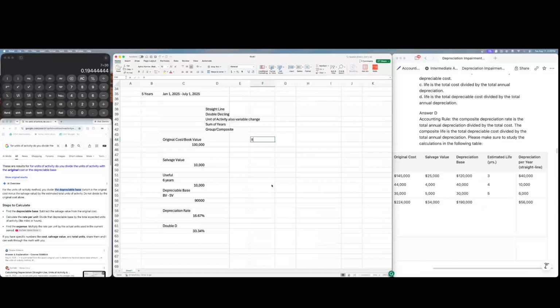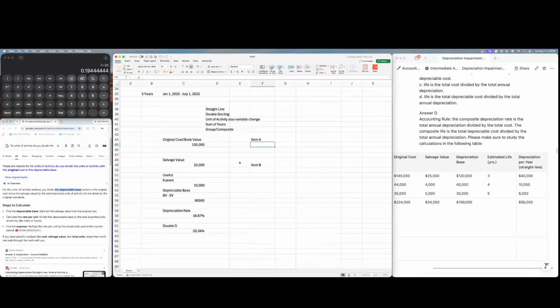Essentially, you'll have item A, item B, for example, 2 items. To calculate the group composite, you would need to calculate 2 things, the depreciable rate and the composite life.